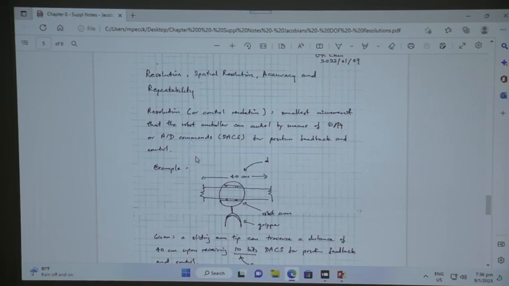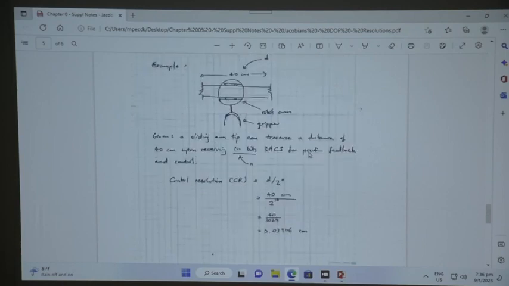So what is the resolution? The resolution, or control resolution, is the smallest increment that the robot controller can control by means of a D to A or A to D command, so DACS, digital to analog converter system, for position feedback as well as control.